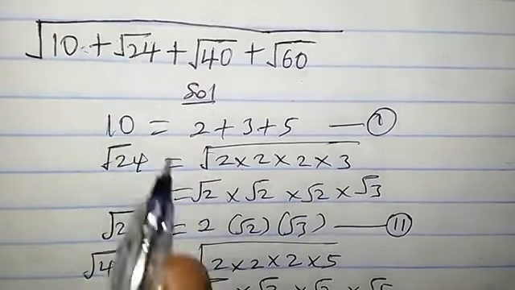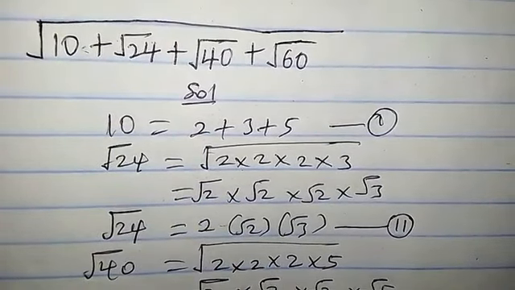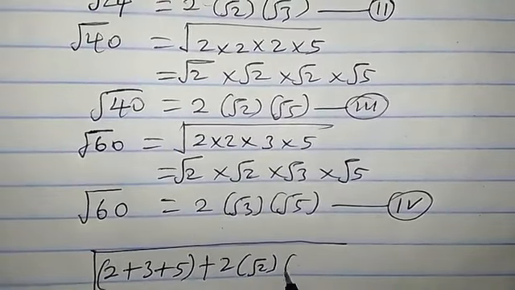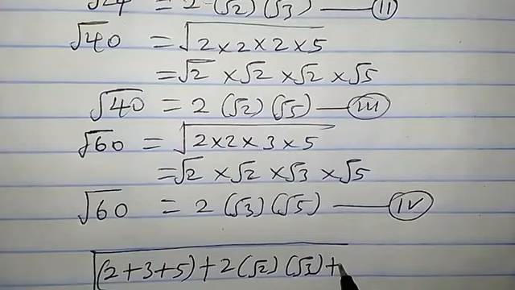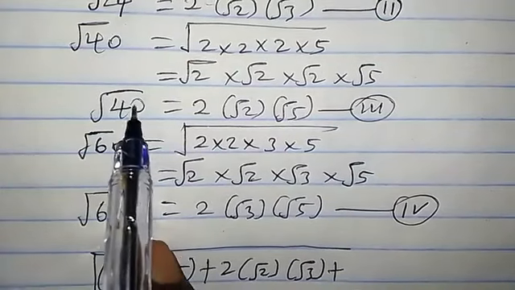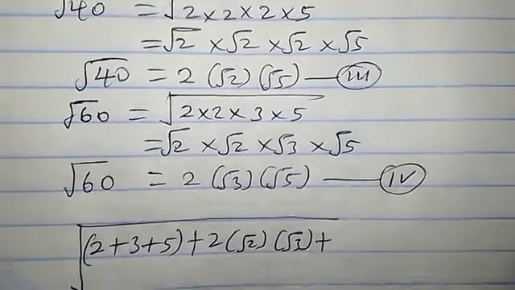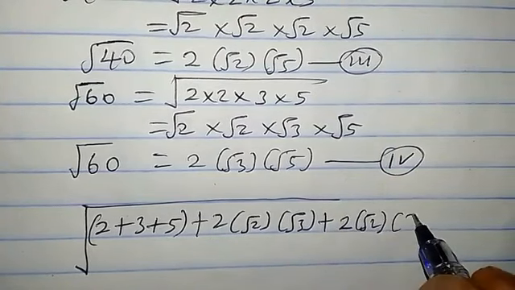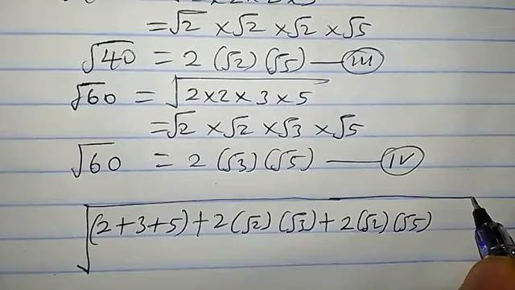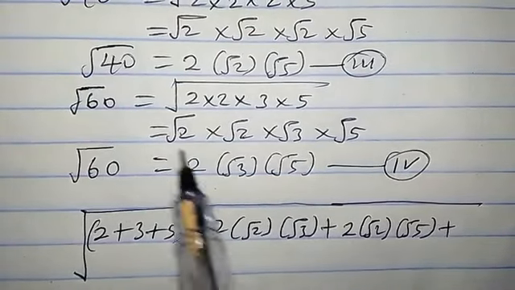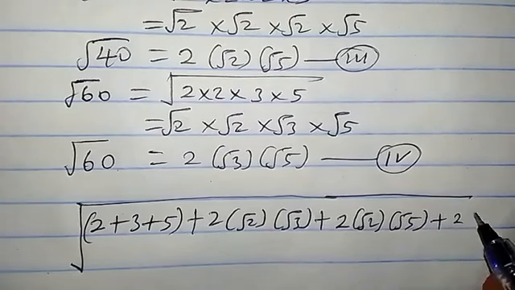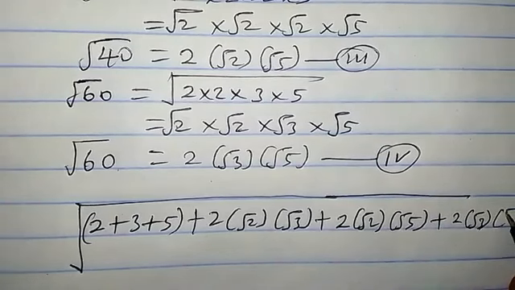So we are going to replace square root of 24 with this. So we're going to have 2 times square root of 2 times square root of 3 plus. The next one is square root of 40. So we're going to replace it with this guy. So we're going to have 2 times square root of 2 times square root of 5 plus square root of 60, which is this guy. So we're going to have 2 times square root of 3 times square root of 5.